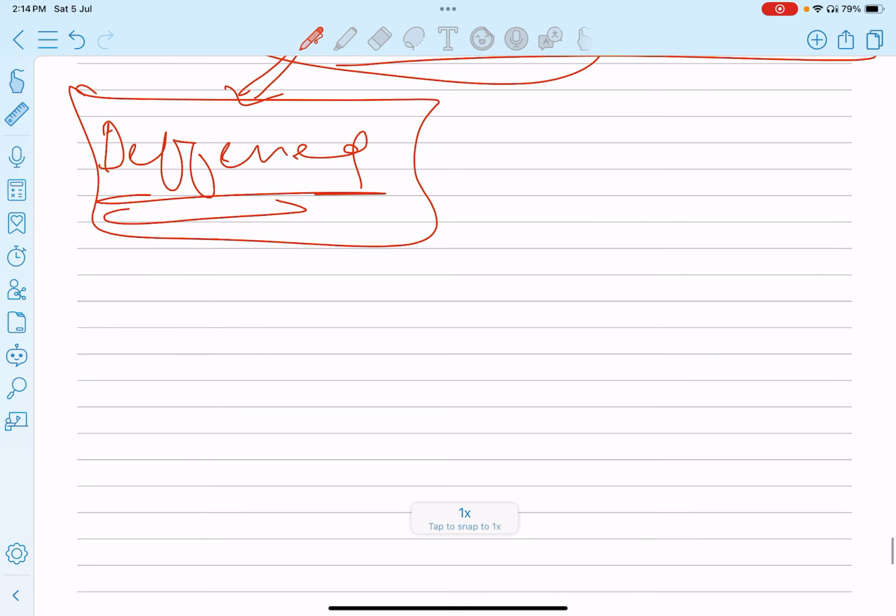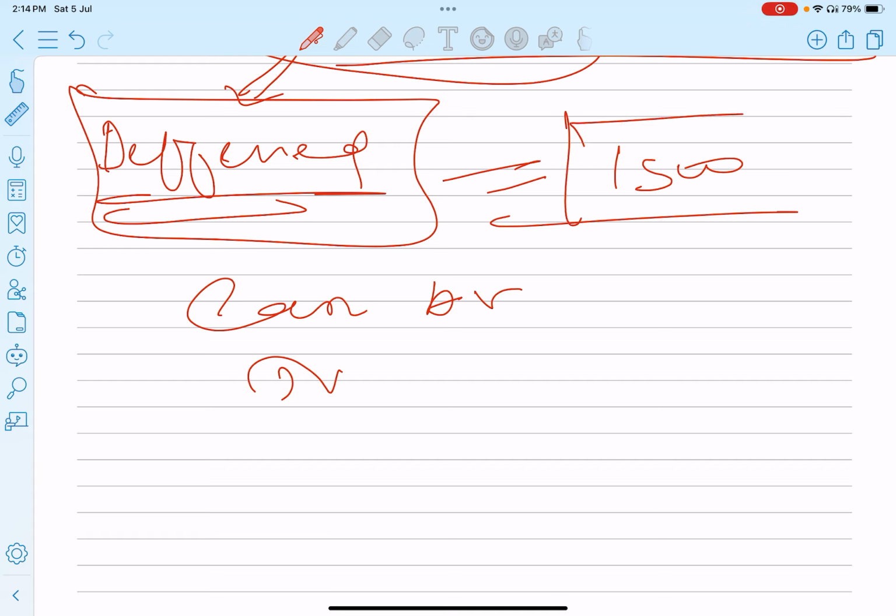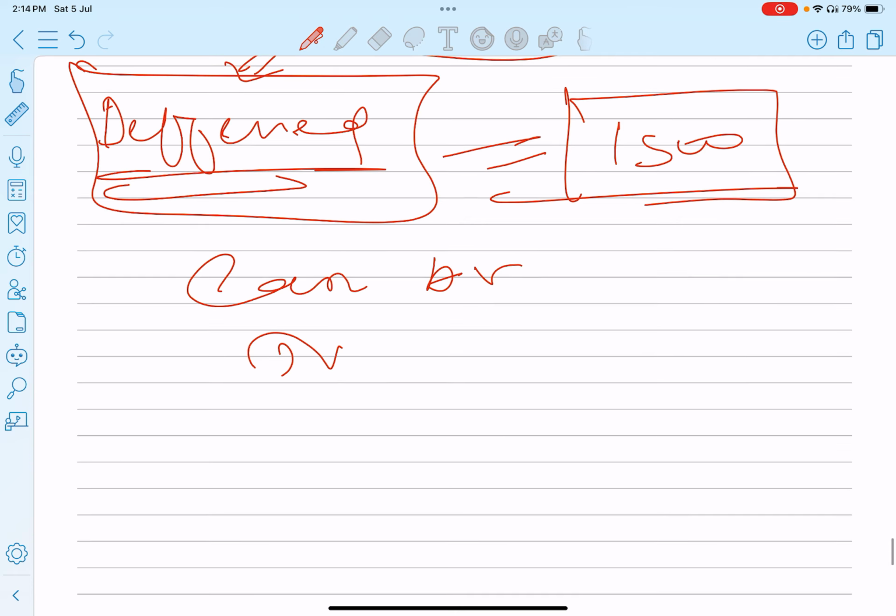So in that case, we receive the cash, 1500 for the easy calculations. Cash account debit to advance from customer.